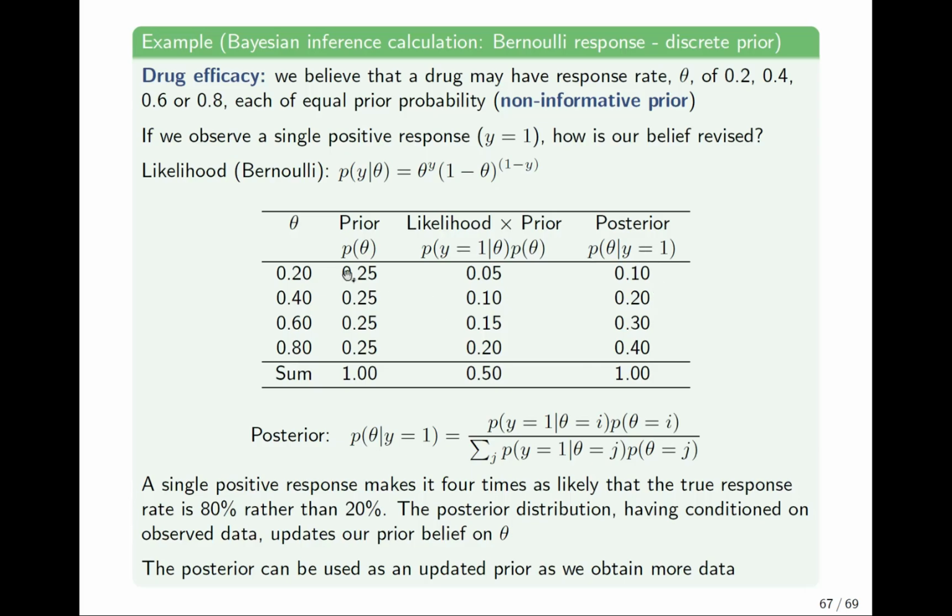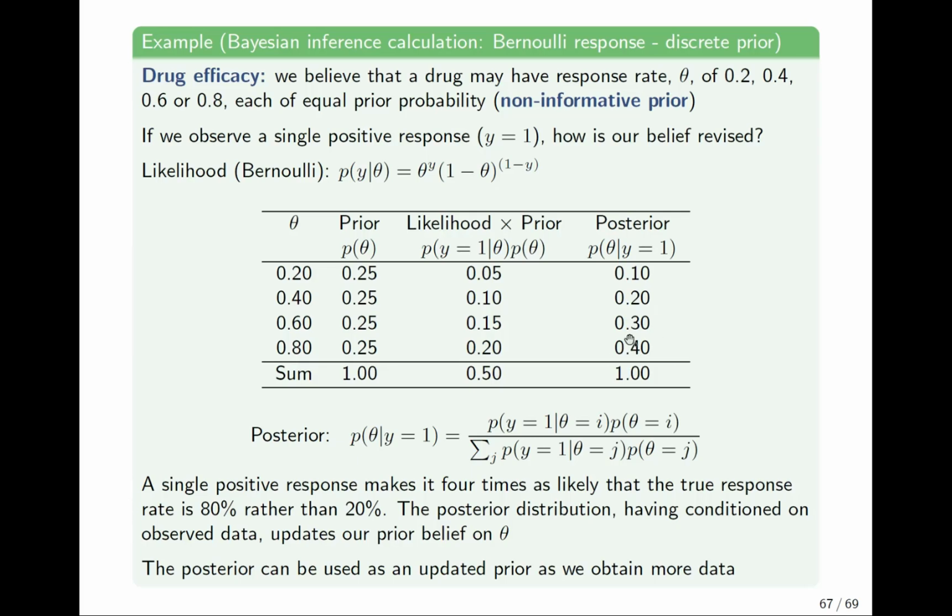And what did we learn? Well, before we saw the data, our prior distribution was 0.25 across the board, so it was uniform. But having seen a single positive response, y equals 1, it then makes it 4 times more likely that the response rate is 80% rather than 20%. So the posterior distribution, having conditioned on observed data, updates our prior belief about theta.